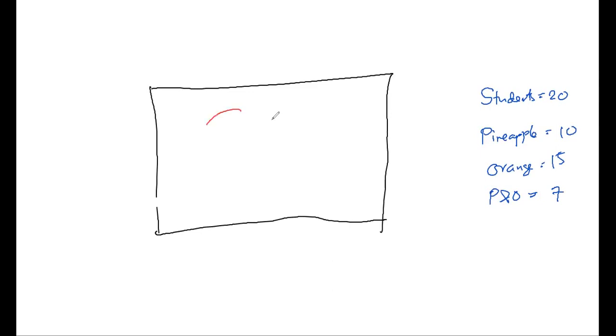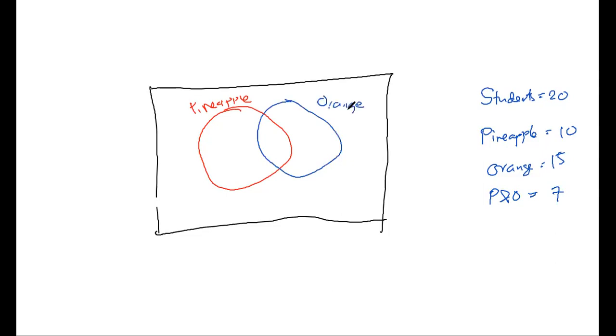One circle for pineapple and another circle for orange. We need to start in the intersection area. How many like pineapple and orange? There are 7. So we write 7 in the middle.